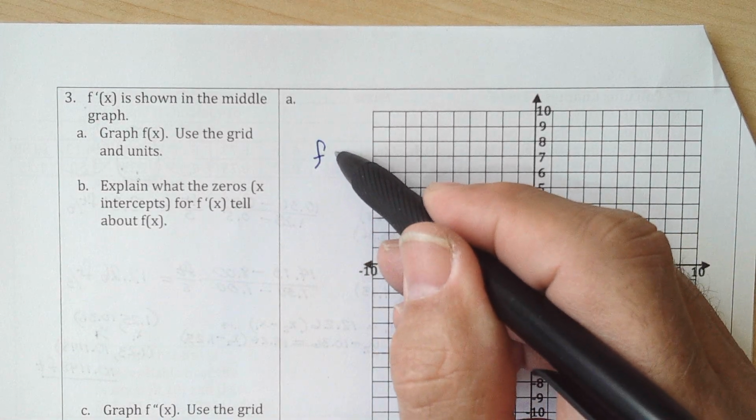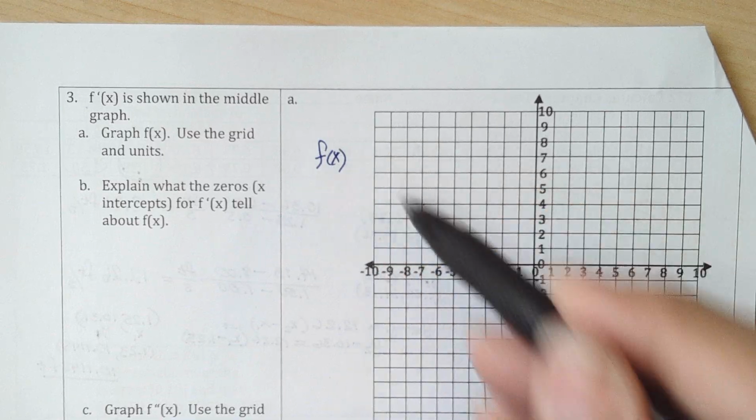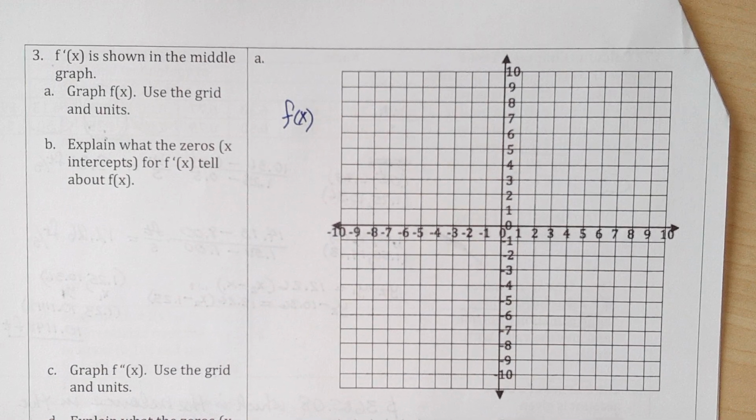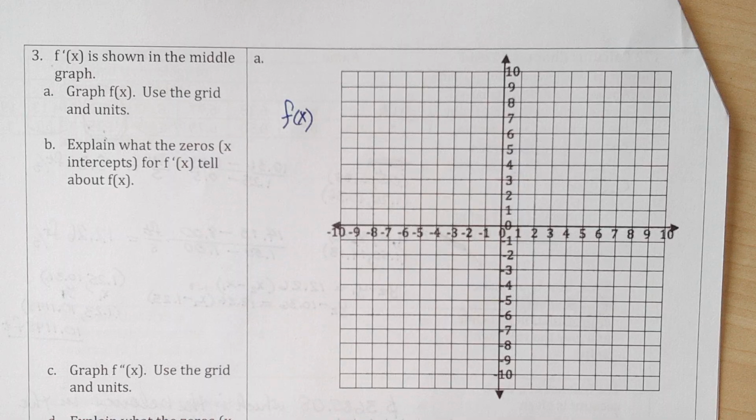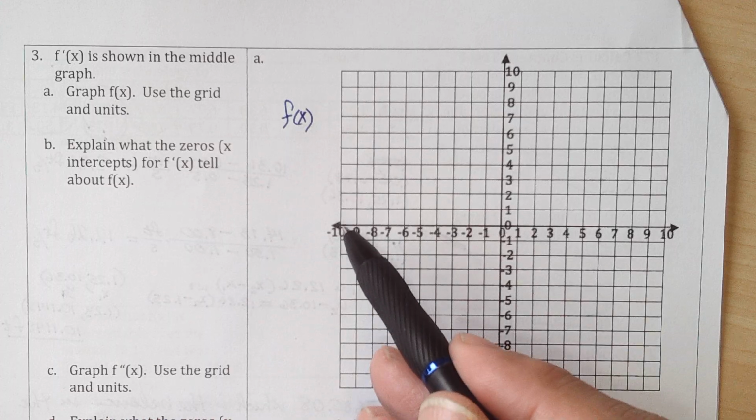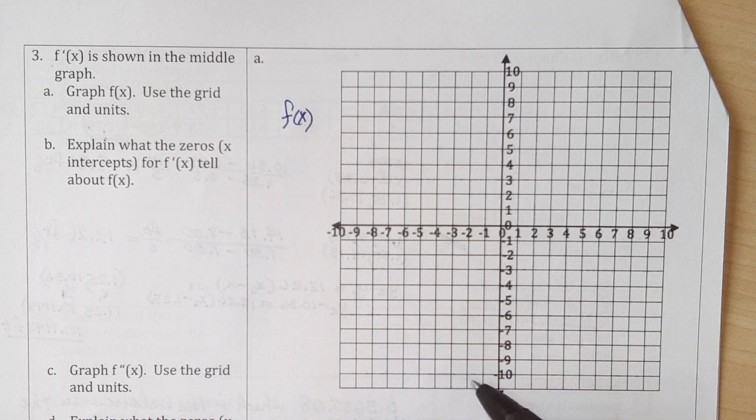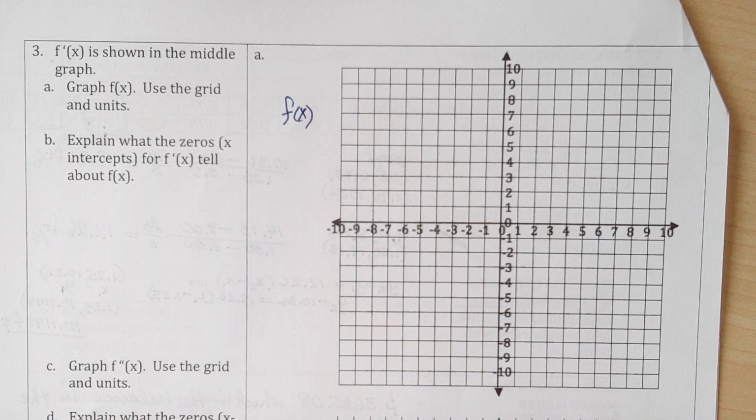And we're trying to draw f of x up here. So it has a negative slope, a 0 slope, a positive slope, and 0 slope, negative slope. So it has to go down, then it has to go up, and then it has to go down.